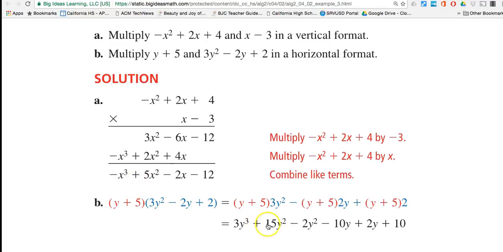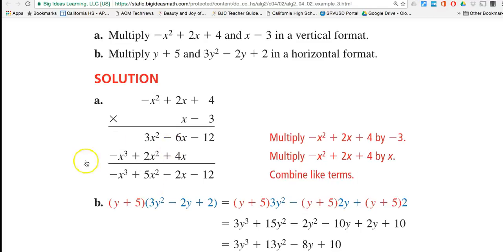So at that point, we go ahead and line up like terms. So this is the only cubed. We've got 15y squared minus 2y squared, minus 10y plus 2y, and then plus 10. Then once we go ahead and combine those, we get 3y cubed plus 13y squared minus 8y plus 10.